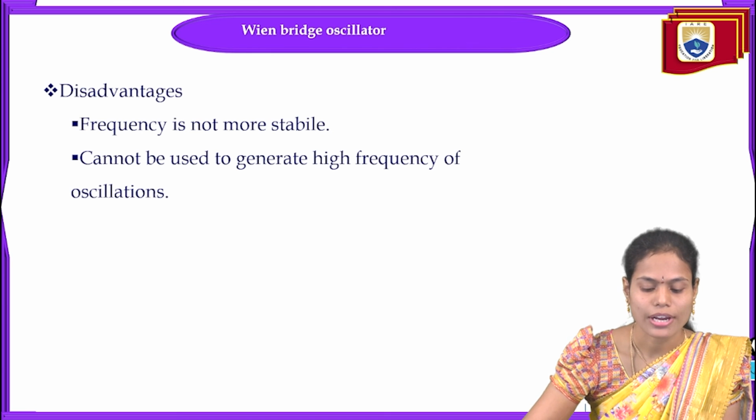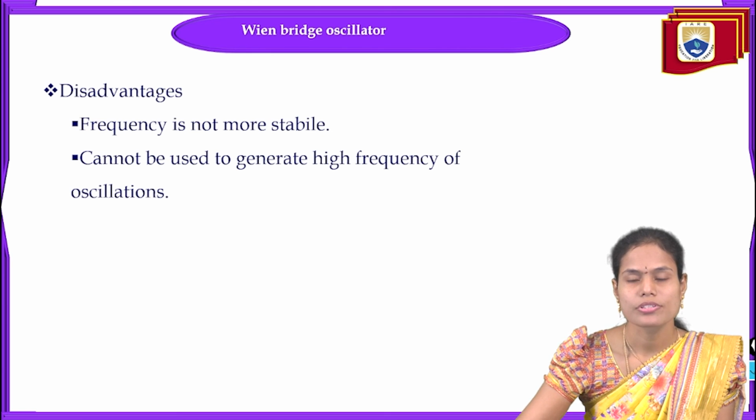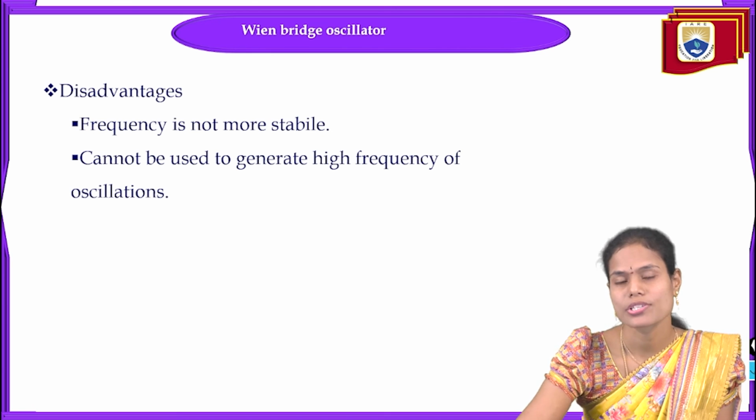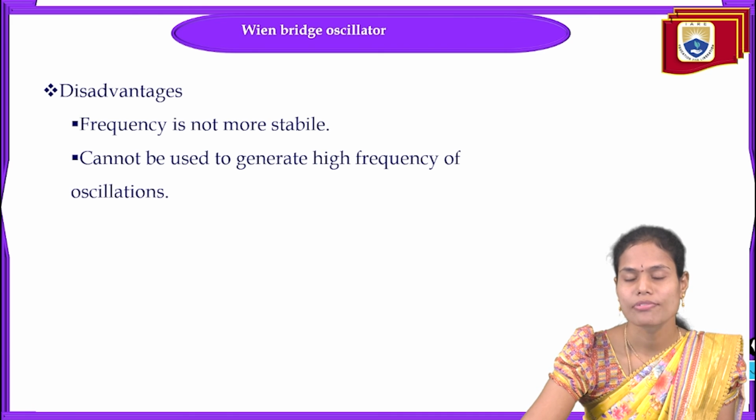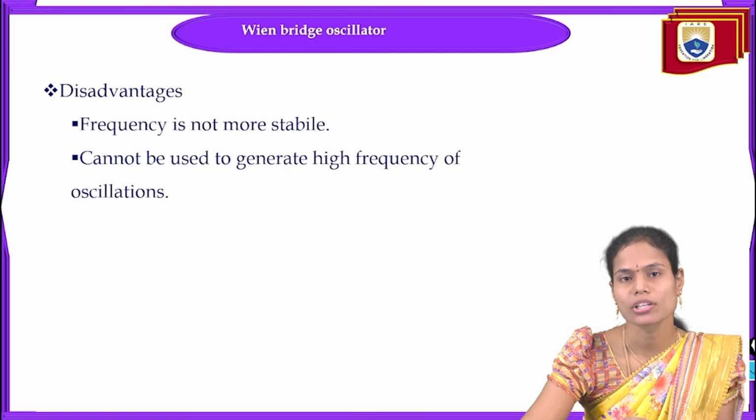While coming to the disadvantages, frequency is not more stable when we change the values of elements, that is resistors and capacitors. If we fix it with one particular value only, it will provide the sustained oscillations. And it cannot be used to generate high frequency oscillations. It is applicable for only the audio frequency range, that is from 20 Hz to 20 kHz.